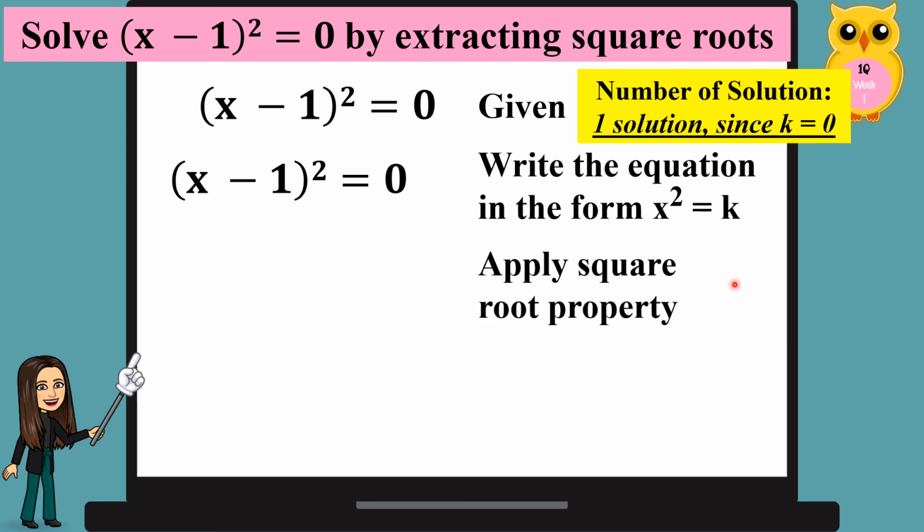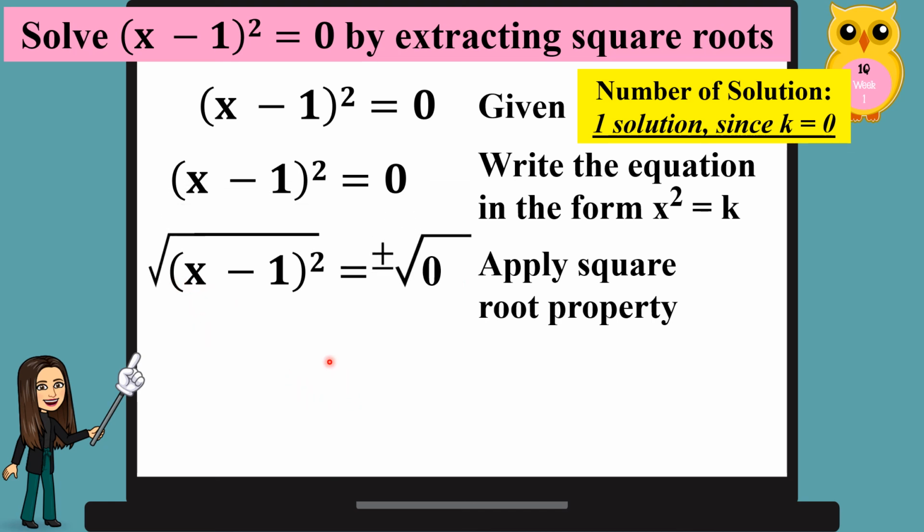Next, we are to apply here the square root property. Then, we just simply put a radical sign on both sides of our equation. And then, we will solve. Pag sinolve po natin yan, automatic, cancel na po. Ang matira na lang dito ay x minus 1 is equal to 0. Okay?